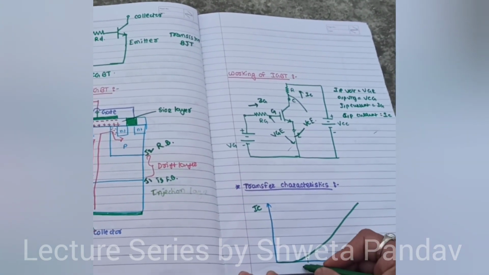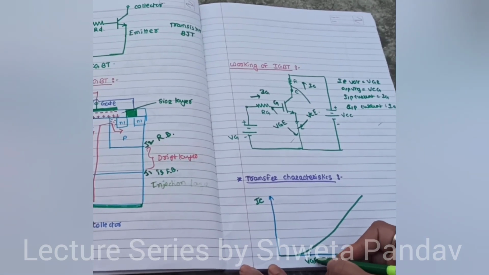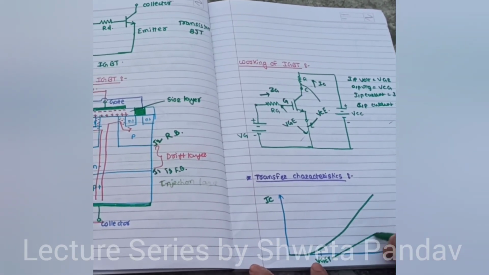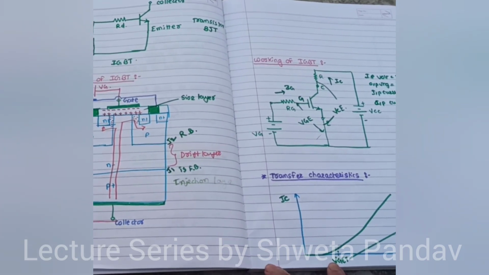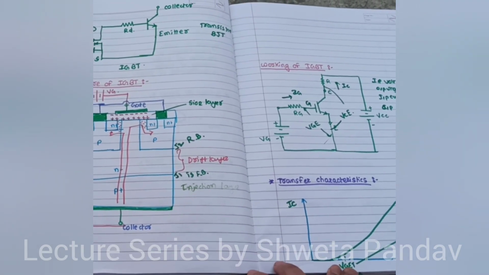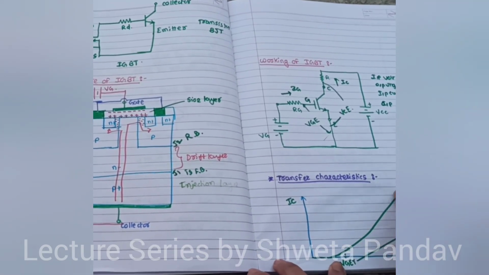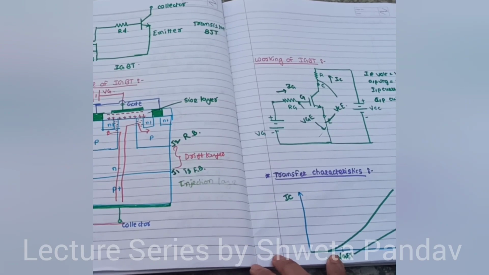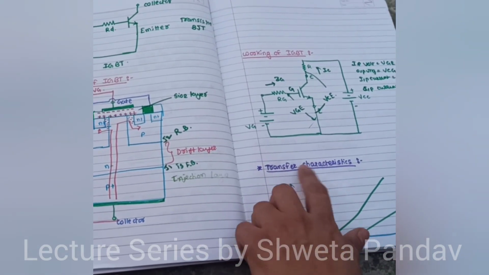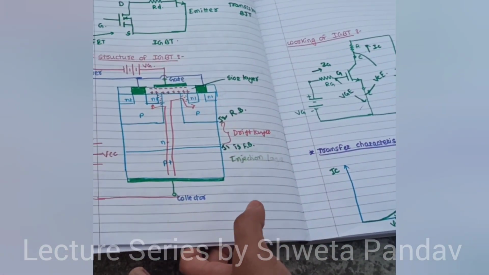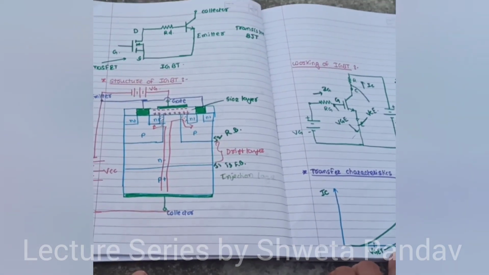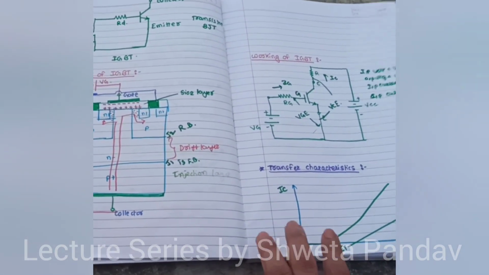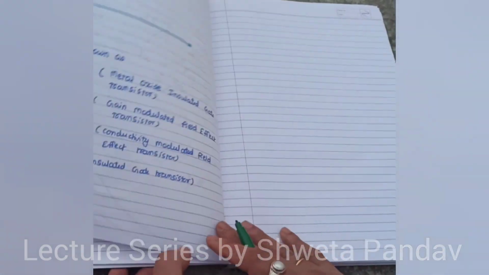The value at which the current starts increasing is called the threshold voltage. Before the threshold voltage the output current is low, and after it the current goes on increasing. This is called the transfer characteristic, and the threshold voltage is around 1 volt for a normal n channel IGBT.